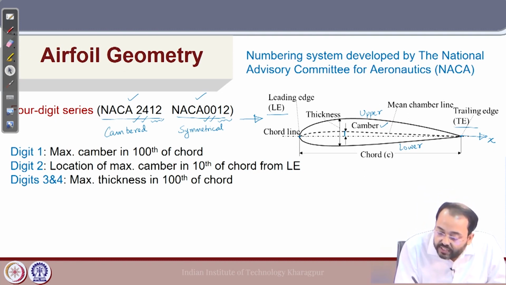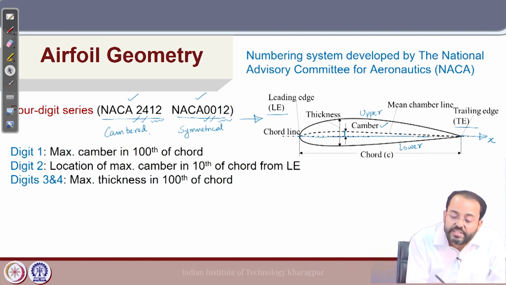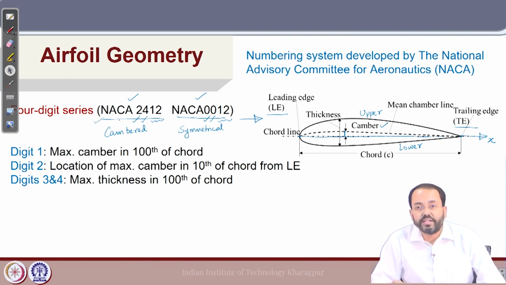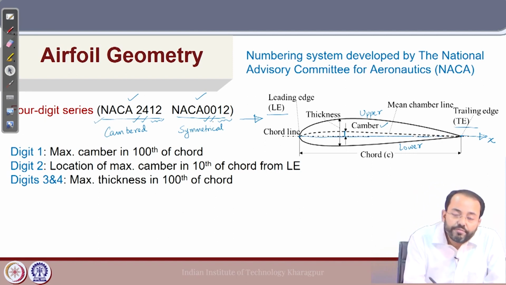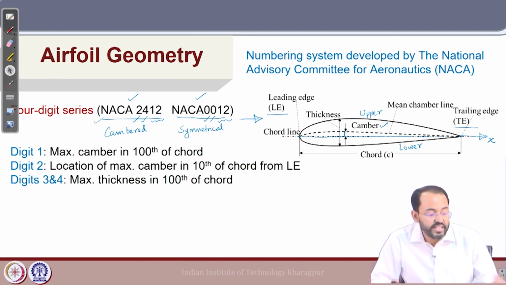The dotted line below the camber line is the chord line. The picture shown here is that of a cambered foil, which is typical of NACA 2412 and has a finite camber. A foil section NACA 0012 will be a symmetrical section.